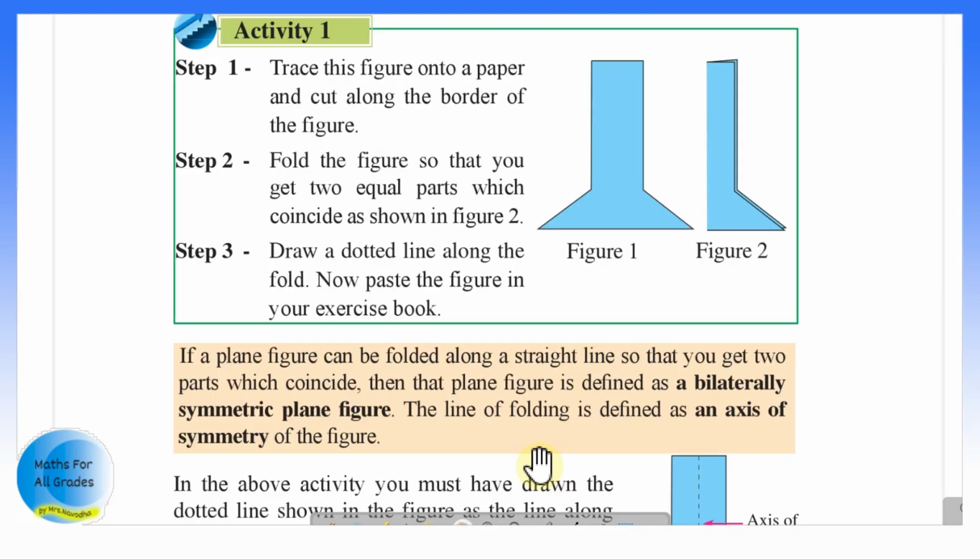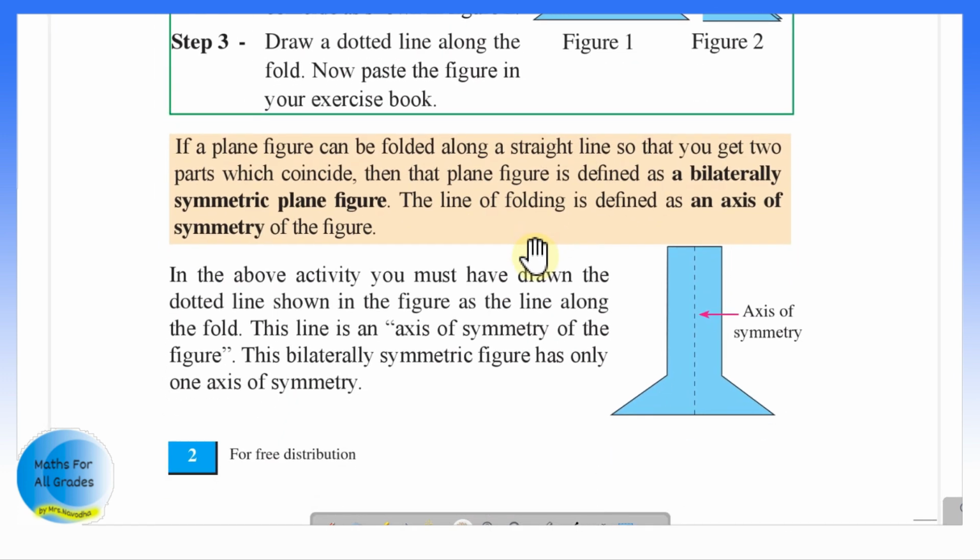Let's read this highlighted area. If a plane figure can be folded along a straight line so that you get two parts which coincide, then that plane figure is defined as a bilaterally symmetric plane figure. The line of folding is defined as an axis of symmetry of the figure. So basically, it says that by folding a plane figure, if you could get two equal parts, it's a bilaterally symmetric plane figure.